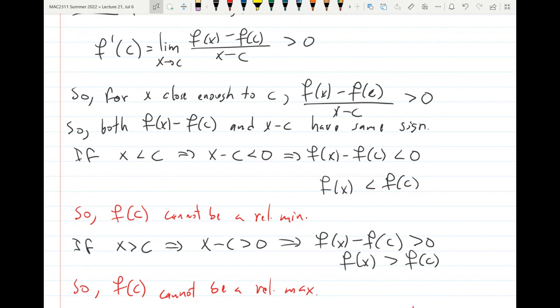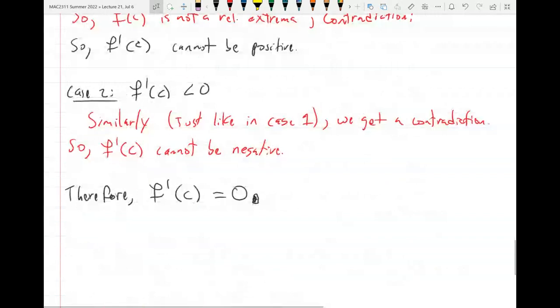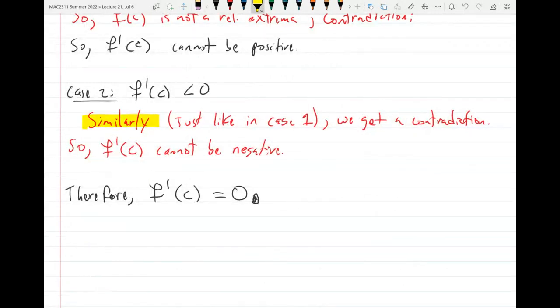For example, here, if this was negative, then you will get that this will have to be positive, and then what will be violated would be the maximum condition. And then when this is positive, then this is negative, and then what's violated is the minimum condition. Right? At the end of the day, both conditions are violated. That's why in math, when this happens, we say similarly because there's no need to repeat the same thing.